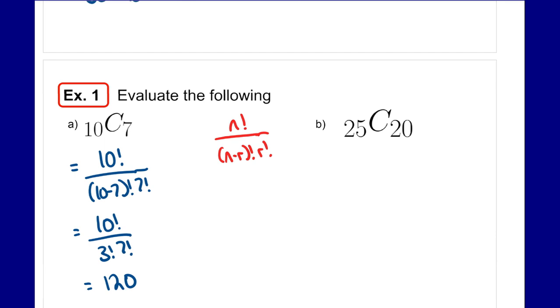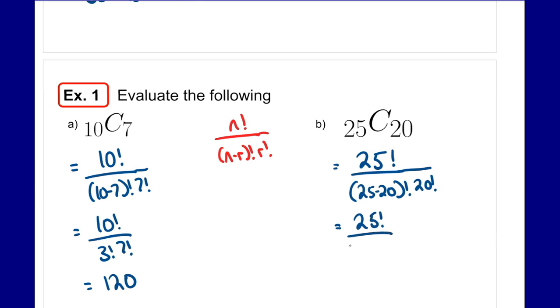The next one, 25 choose 20. Again, 25 is our n, 25 objects, so 25 factorial over 25 minus 20 factorial times 20 factorial, which is 25 factorial over 5 factorial times 20 factorial, or 53,130.